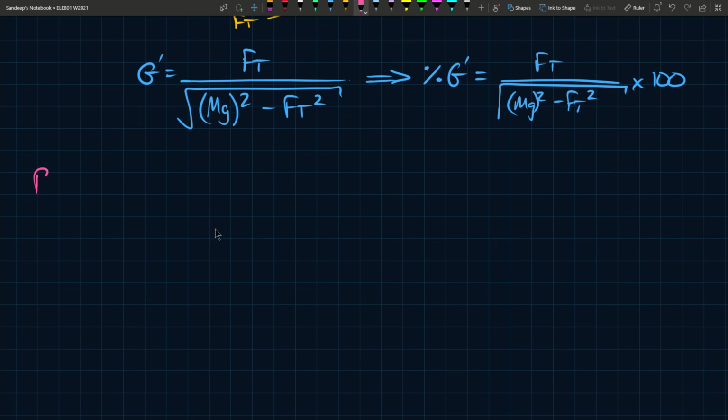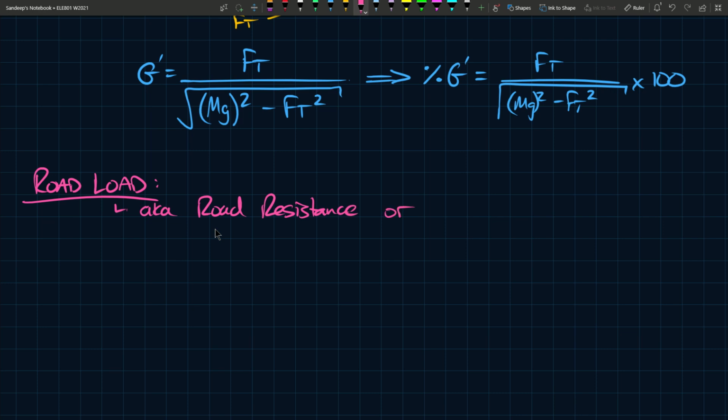Let's summarize, and we can say road load, or road resistance, aka resistive forces. They're all referring to the same thing.